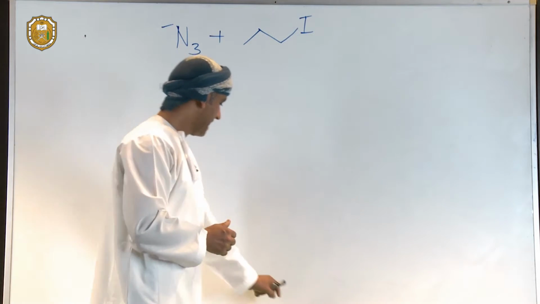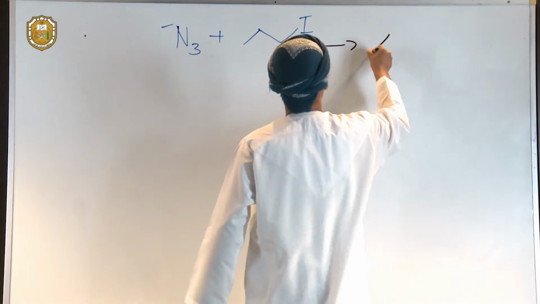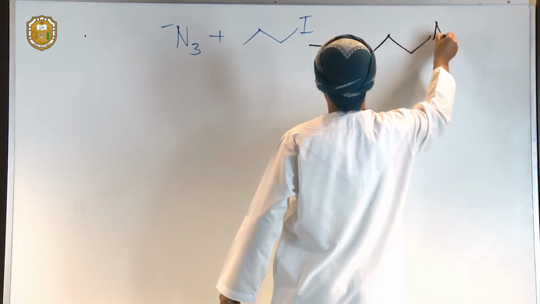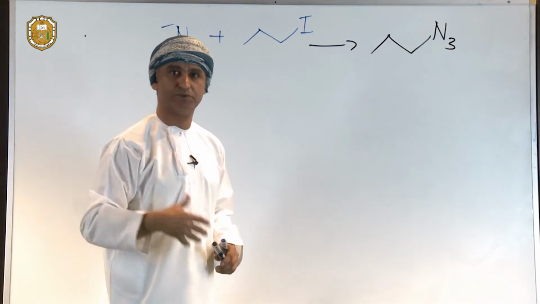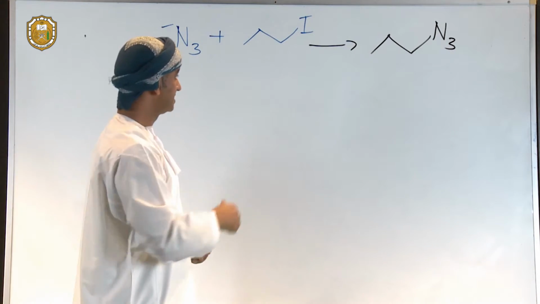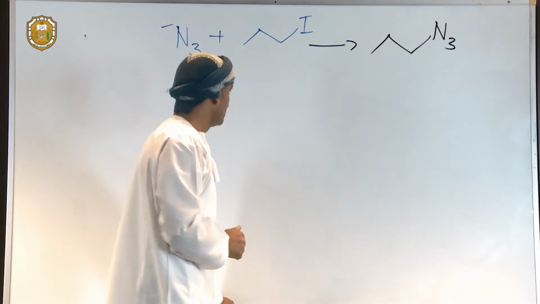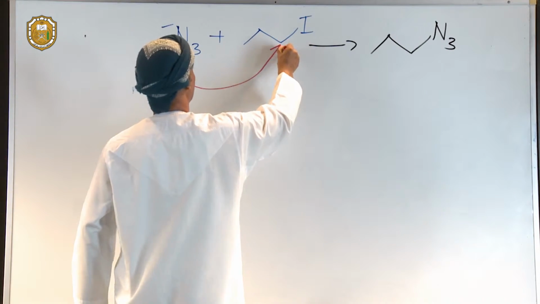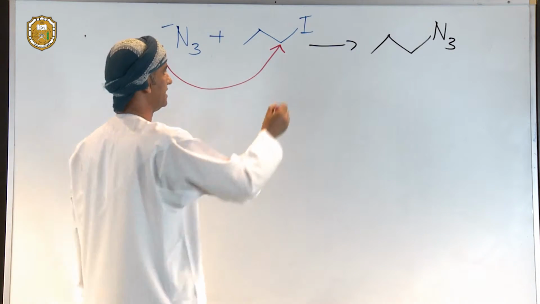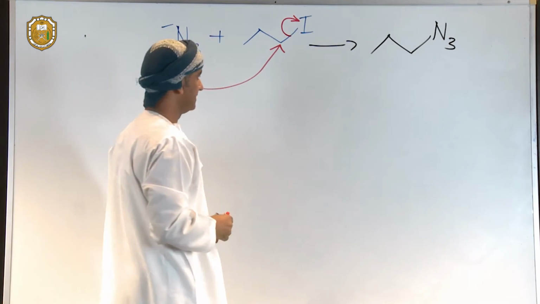If this reaction takes place, we get this product. This is a typical SN2 type reaction. It is a substitution reaction, specifically SN2. The azide ion will attack that carbon, and the C-I bond simultaneously breaks. It has to break at the same time.